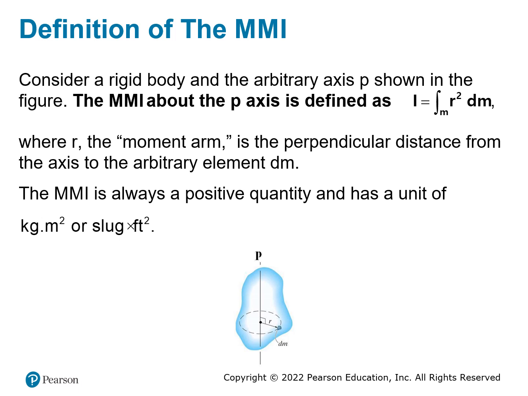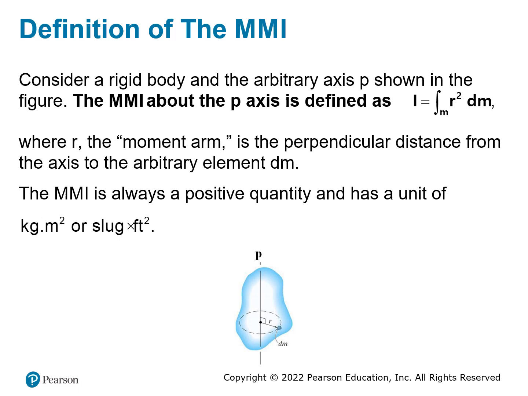So here is the picture to show that if you have a small mass on the body and you measure the distance away from the rotating axis, that will be the R. You take the R squared times the M, and you can calculate that. Now, in terms of the unit, it's going to be different from the moment of inertia of the area, which is meter to the fourth.